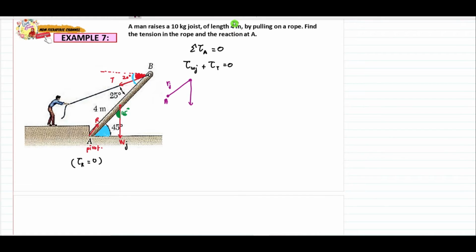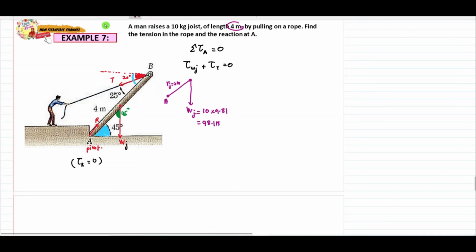Dia dah bagi length dia adalah 4 meter. So kalau separuh, RJ sepatutnya 2 meter. So saya akan letak 2 meter. And this is the weight of the joist. So it is equal to 10 kg times 9.81, so it is equal to 98.1 Newton.